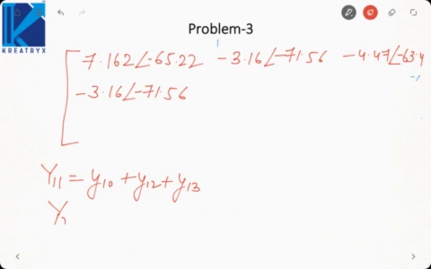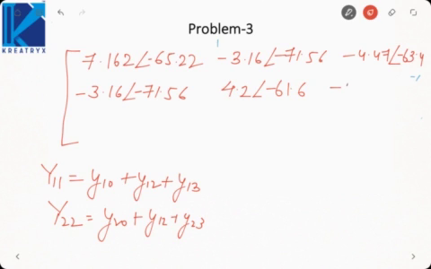y22 will be equal to y20 plus y12 plus y23. So this will come out to be 4.2 angle minus 61.6, and Y23 will be negative of small y23, so it will be minus 2.23 angle minus 63.4.